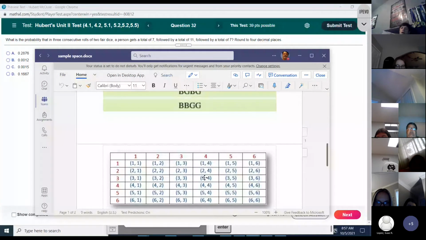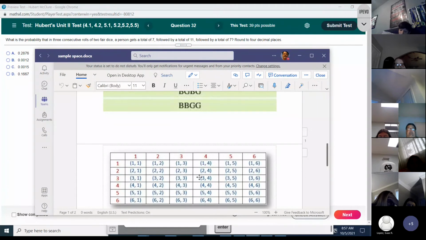Followed by an 11. So that's 6 out of 36. Plus 11 would be 2 out of 36. Back to 7, which would be 6 out of 36.